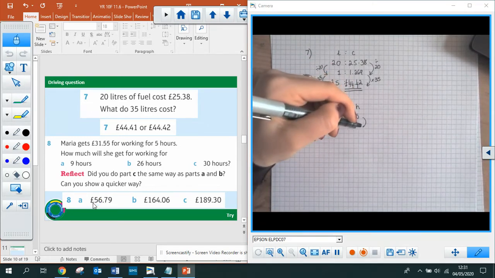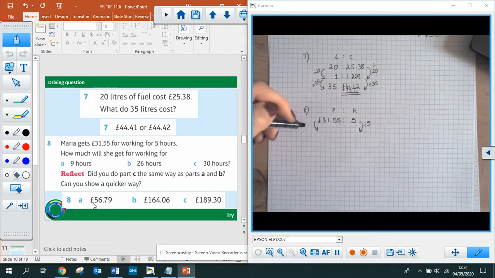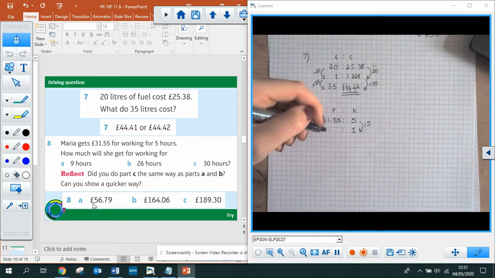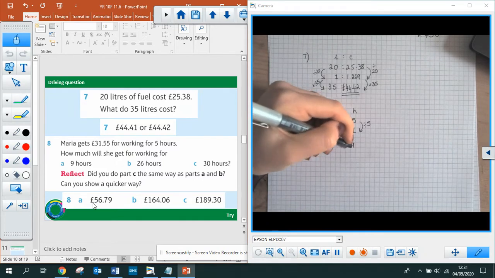So what I'm going to do first is divide both sides by 5 to work out what she's going to get for 1 hour of work. 5 divided by 5 is 1. 31.55 divided by 5 is 6.31, £6.31 she gets per hour that she works. So to work out what she gets for 9 hours, we're going to multiply that by 9, because that gets our 1 to 9.